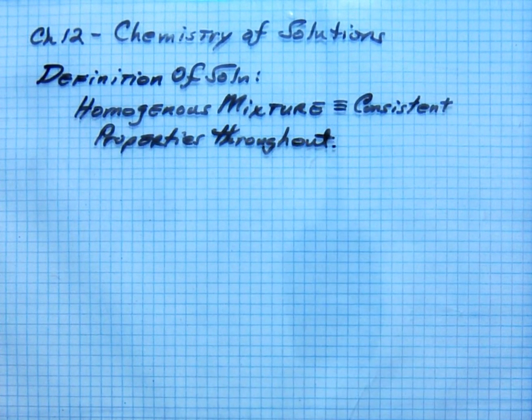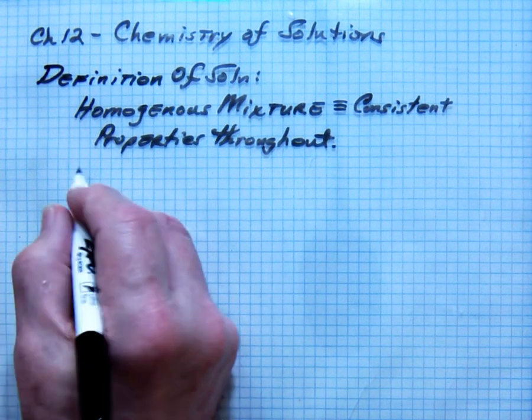So if you wanted to evaluate a solution for whatever reason, one of the characteristics that you would certainly look at would be defining how much of one component is dissolved in the solution and evaluate it through the entire solution. Now, one of the issues that is important in here is the types of solutions.